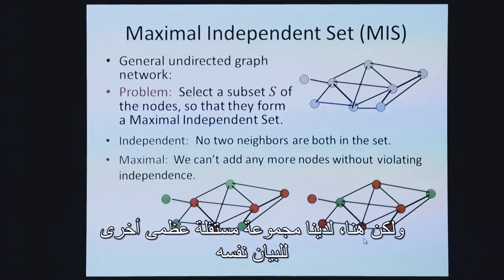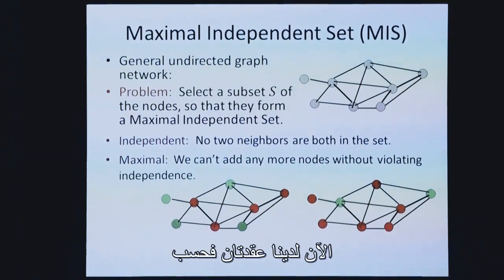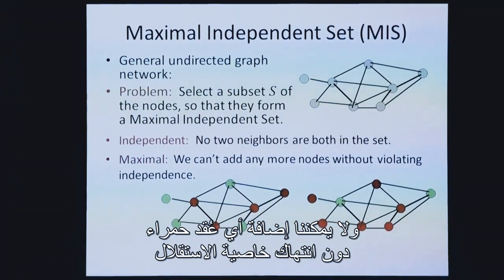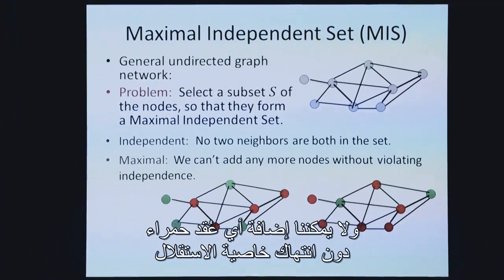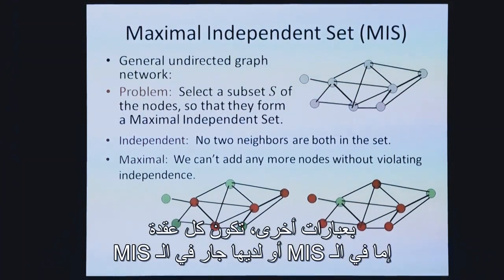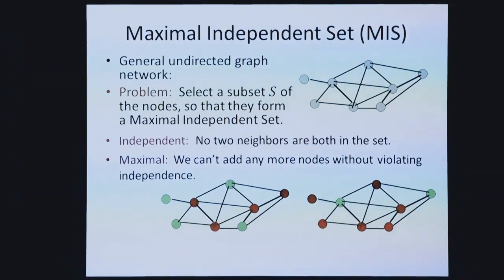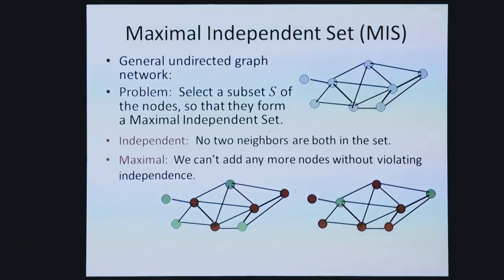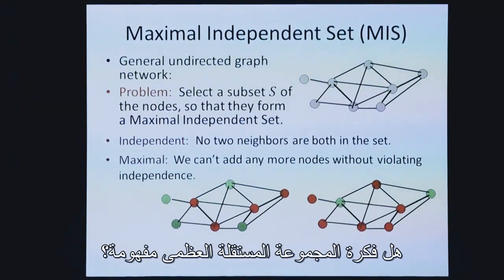Over here we have a second maximal independent set for the same graph. Now we just have two nodes, and you can't add any of the red nodes without violating the independence property. In other words, every node is either in the MIS or has a neighbor in the MIS. There's nothing else you can do to add nodes to the MIS. So the notion of maximal independent set makes sense?